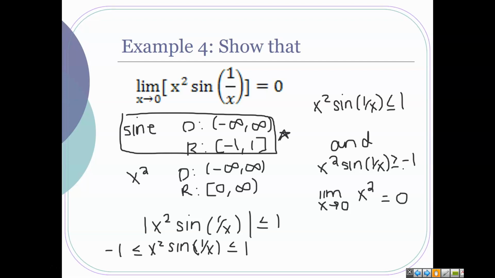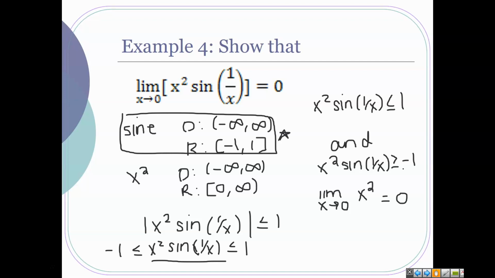So if the limit as x approaches 0 of x squared is 0, and this function has to live within the range of sine, then it's fair to say that it has to also live within the limit bounds of x squared.